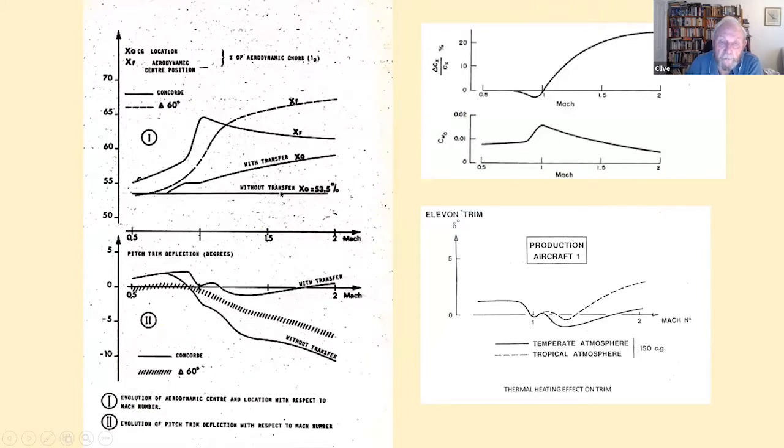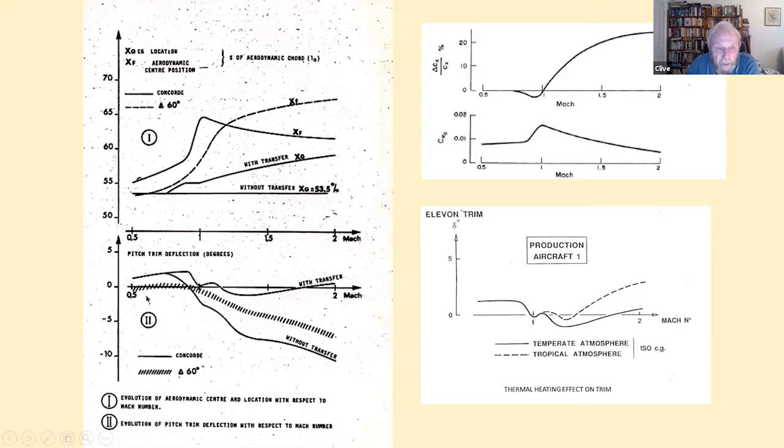With transfer, we can actually get the center of gravity back from a value which actually gets you stable at subsonic conditions, and it takes you back to about 59% from memory at Mach 2.